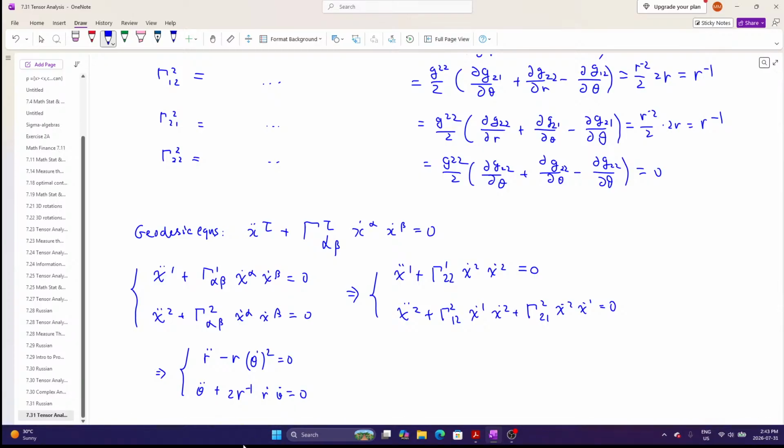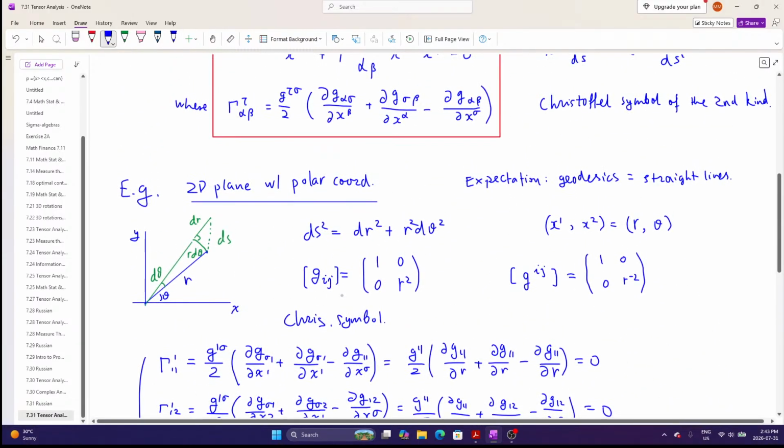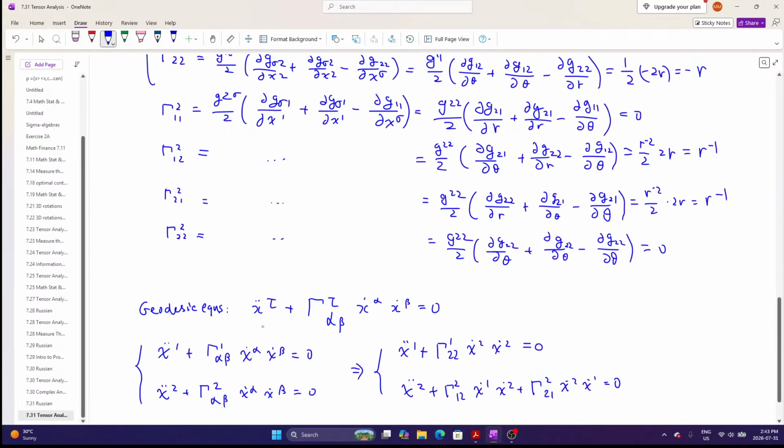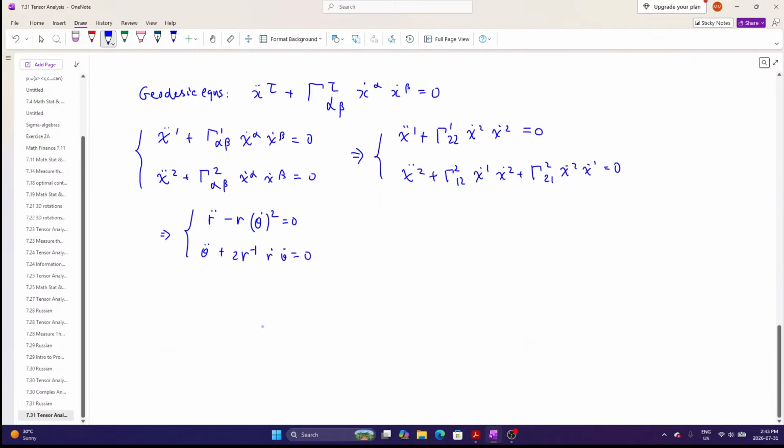But what does this mean, though? Right, can we solve it? I mean, it's a nonlinear system, but by our intuition, the expectation is that a geodesic should be a straight line. Does it look like a straight line? It better be, right? Otherwise, it's awkward.